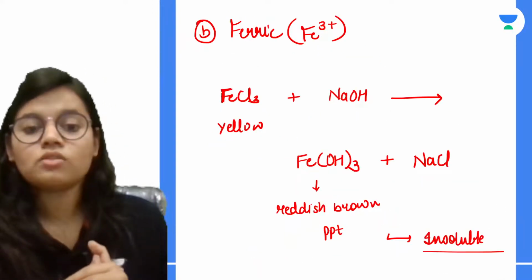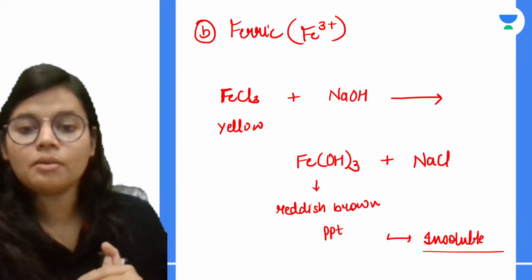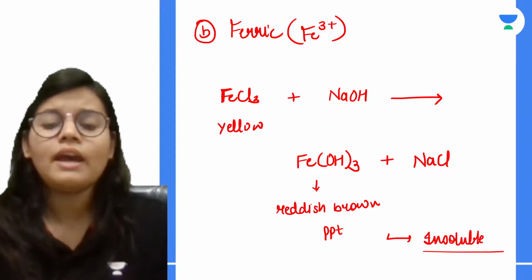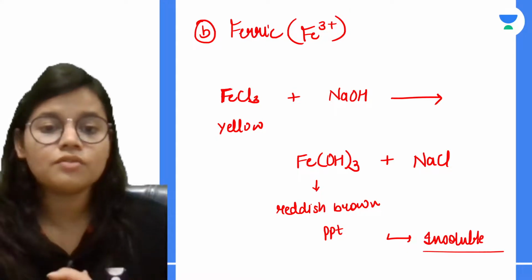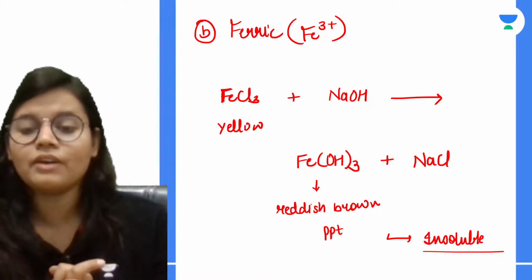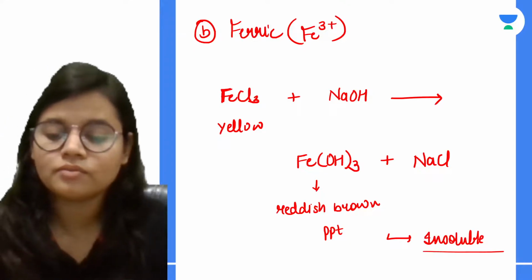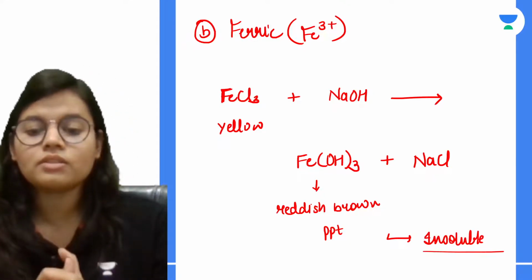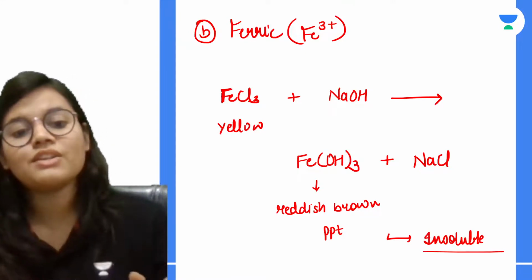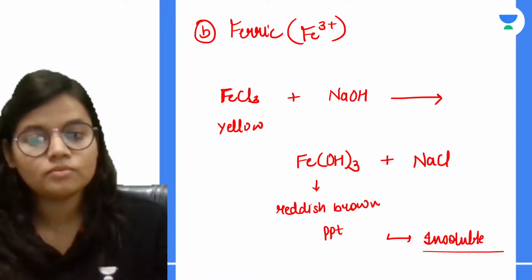Next is ferric salt, Fe3+. If we take any compound containing ferric salt, and we go for the reaction with sodium hydroxide, we get the compound ferric hydroxide. This ferric hydroxide shows a reddish brown color precipitate which is insoluble in water.